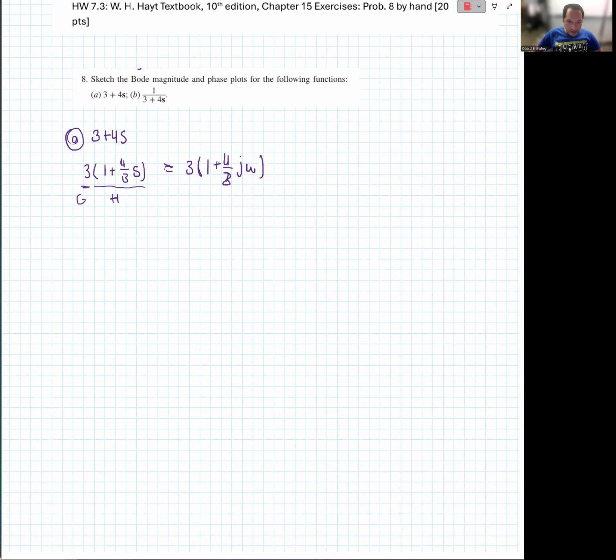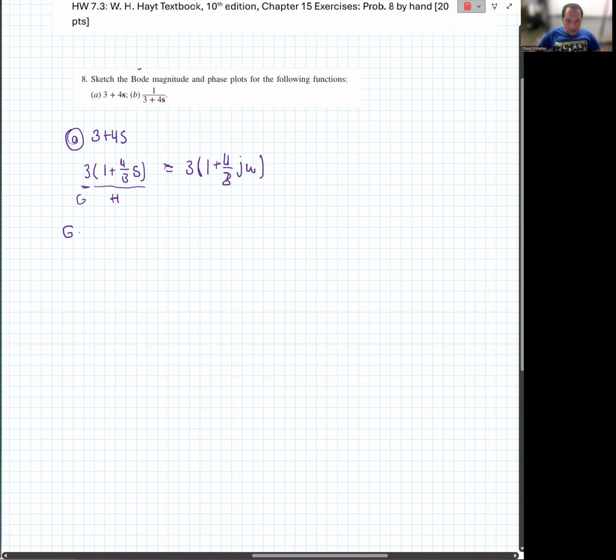So let's solve for the magnitude of G. The magnitude equals 3, and the angle of 3 equals 0, or angle of G equals 0.